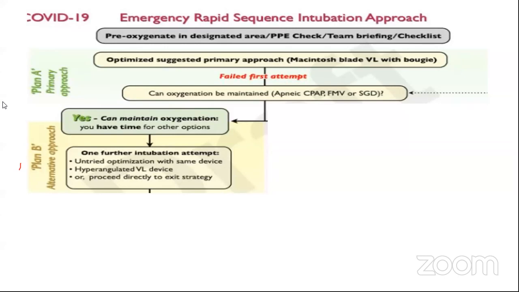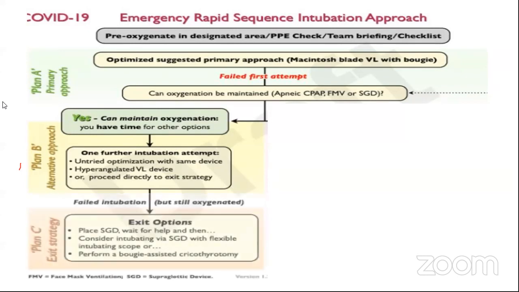You can have a second attempt after making these modifications. But if you believe that you have already done all these things and they are not going to be useful, then don't waste time. Remember, we said the most important thing is minimizing the time. So move to Plan C.